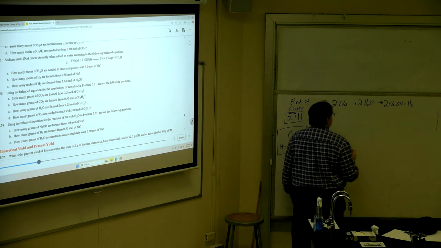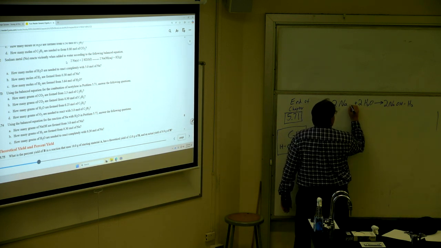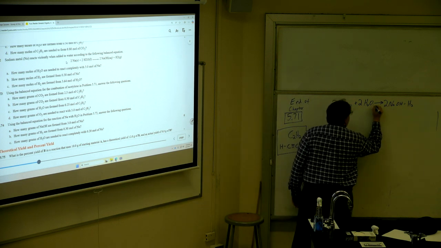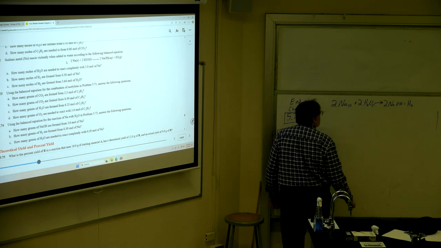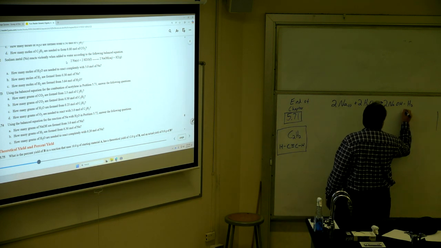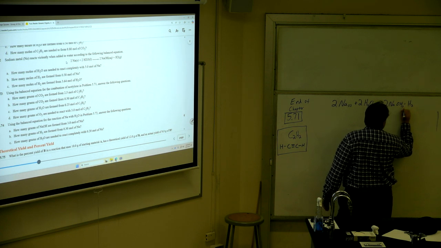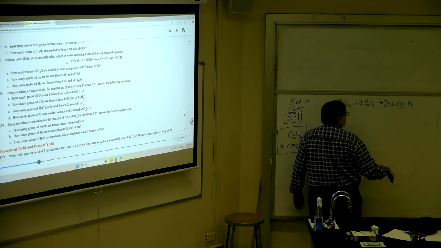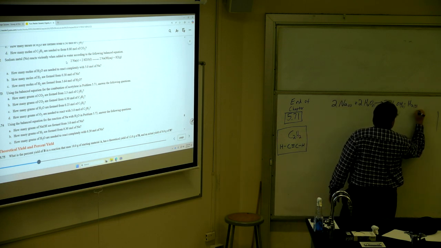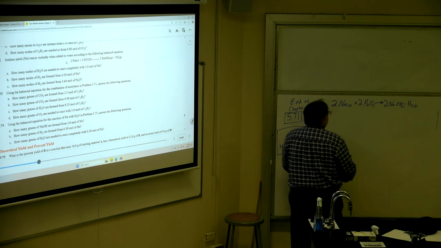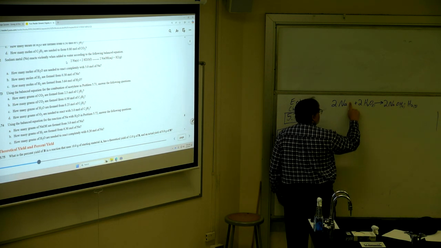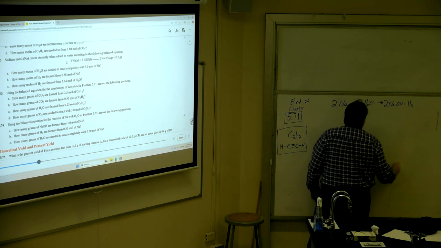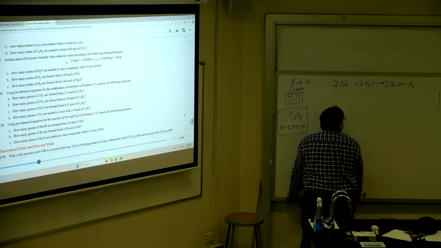But that's what that says. I should mention that the S there means solid. This was in a solid form. The L means that H2O was in a liquid form. We haven't talked about dissolving things in things, so I kind of ignore these so far. Aqueous just means it's NaOH dissolved in water. H2 is G for gas. But as far as what we're doing right now, that stuff isn't needed. I'll squeeze that stuff in at another point. All right, so that's the reaction we're dealing with.